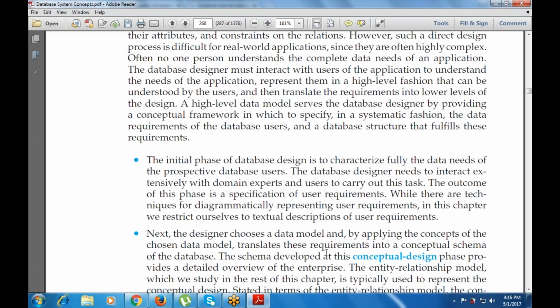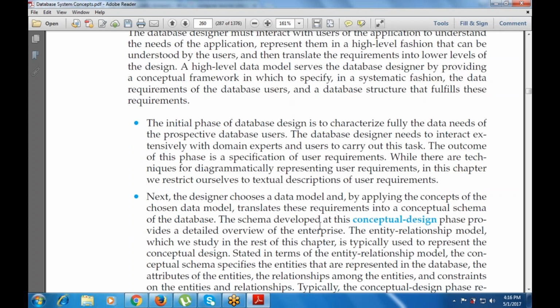Then we choose a data model and apply the concepts of the chosen data model to translate the requirements into a conceptual schema of the database.